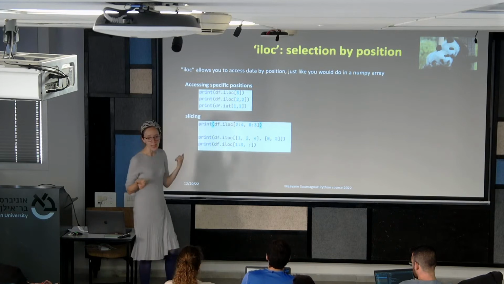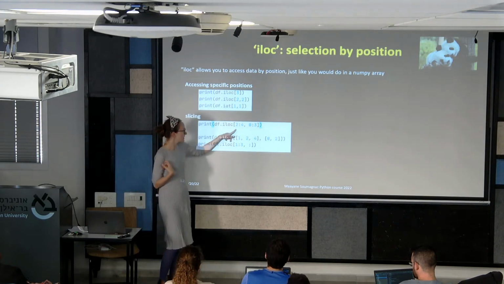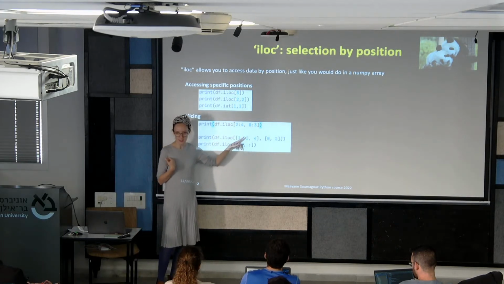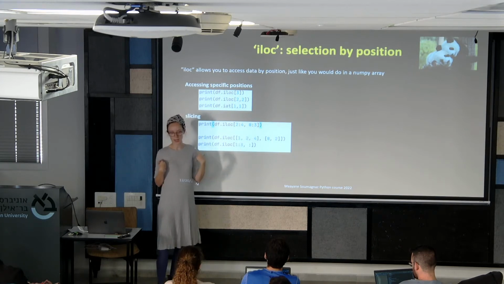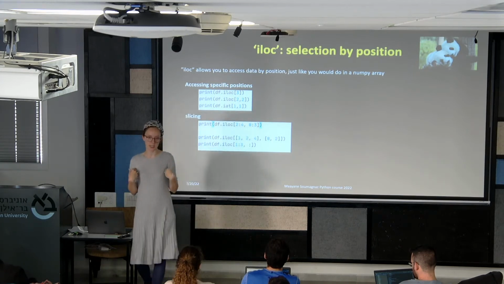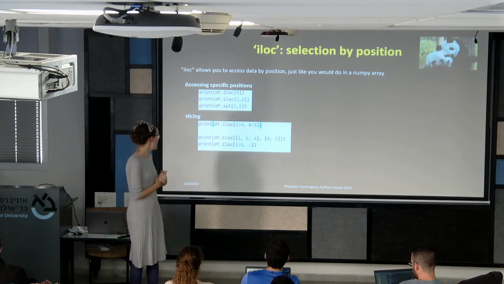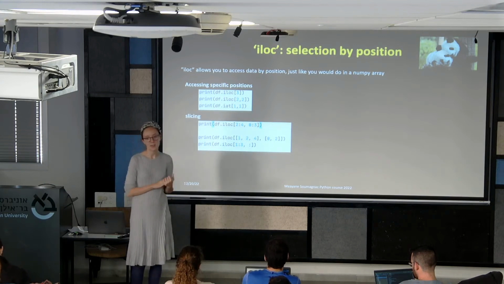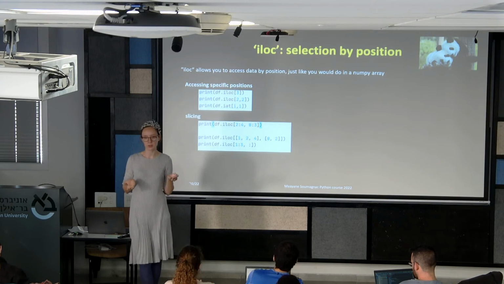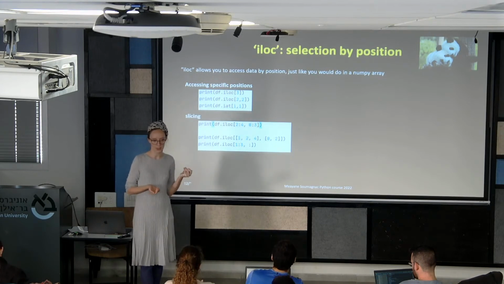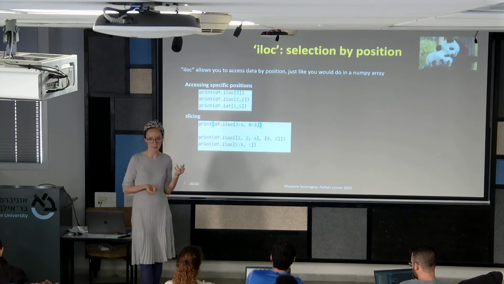So you can do slicing in this way. You can give it specific positions. You can use iloc with specific positions in your data frame, and iloc is basically allowing you to use the data frame in the exact same way as you would use NumPy data.